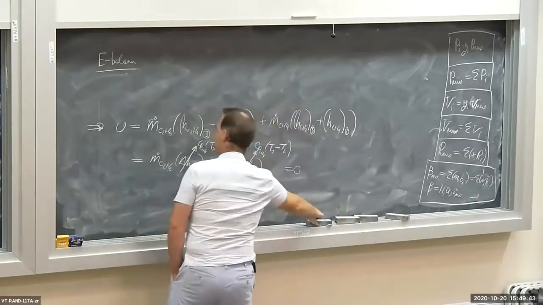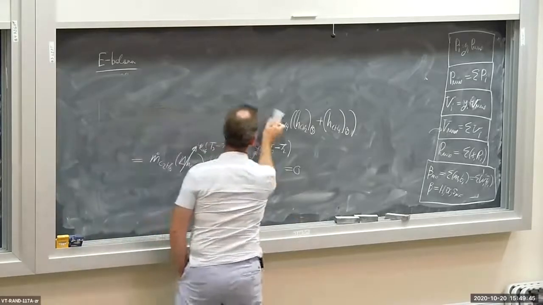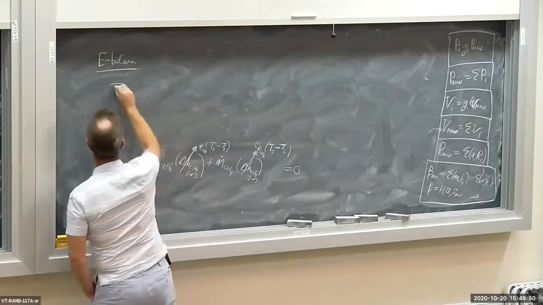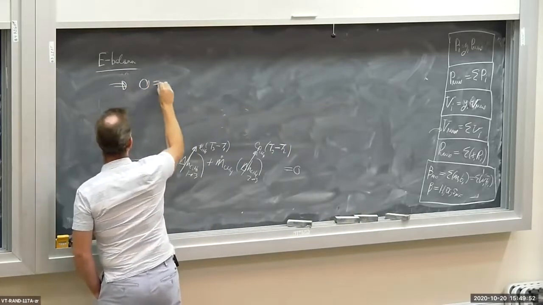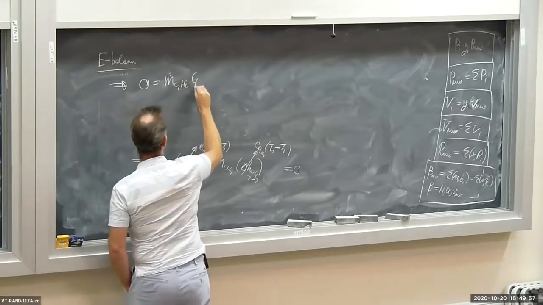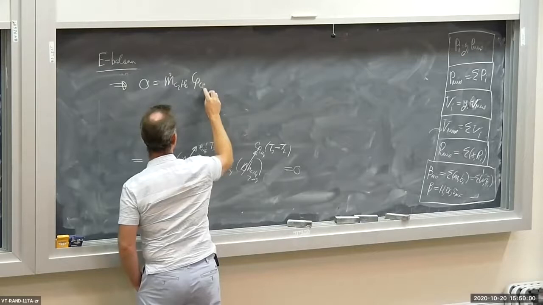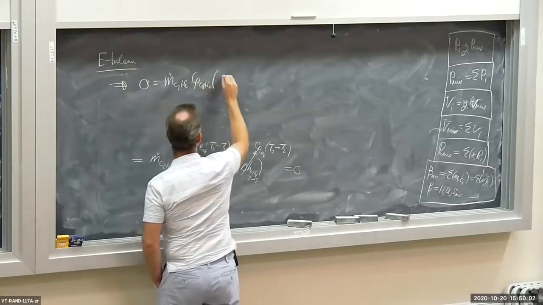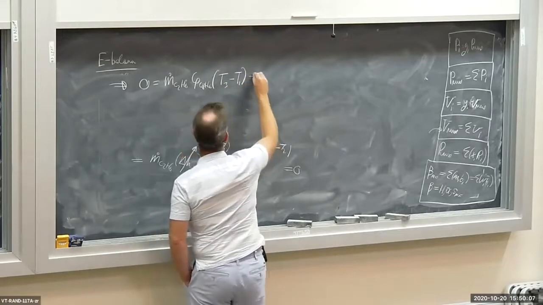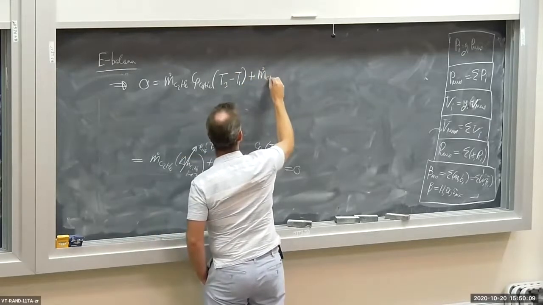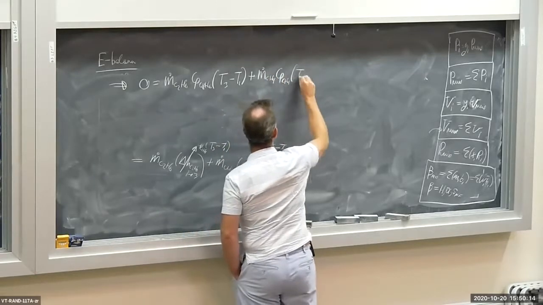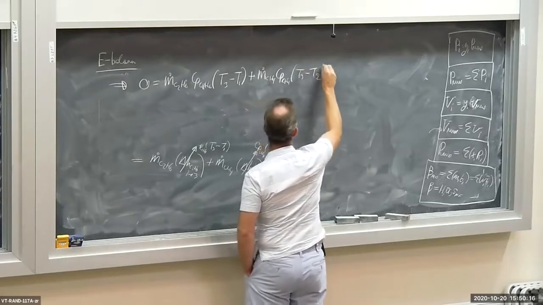So this implies 0 equals m dot C2H6 Cp for the C2H6 times T3 minus T1 plus m dot CH4 Cp CH4 times T3 minus T2. Okay?